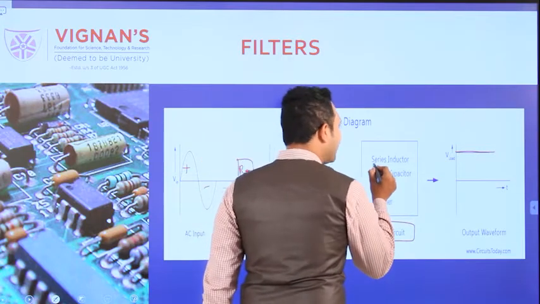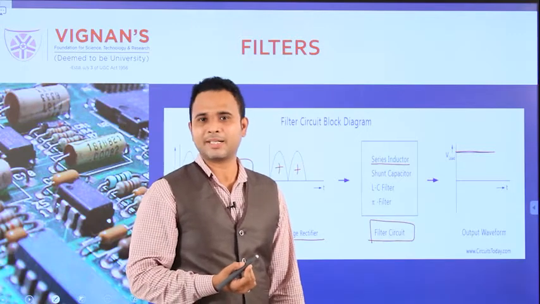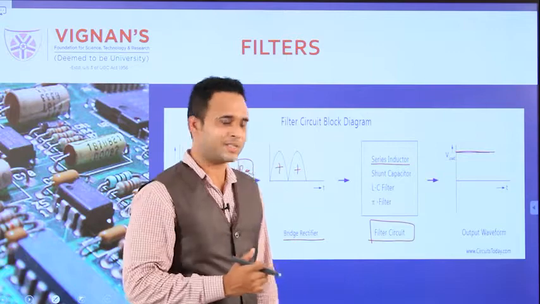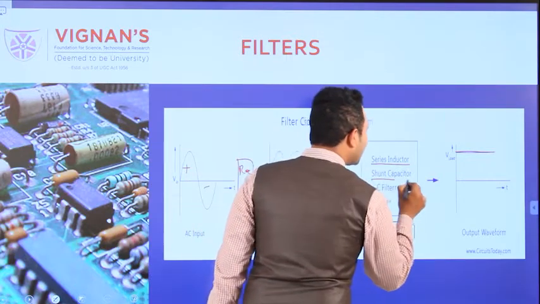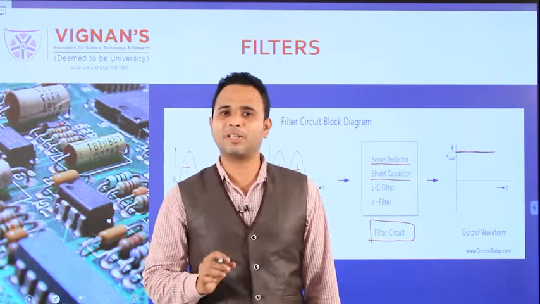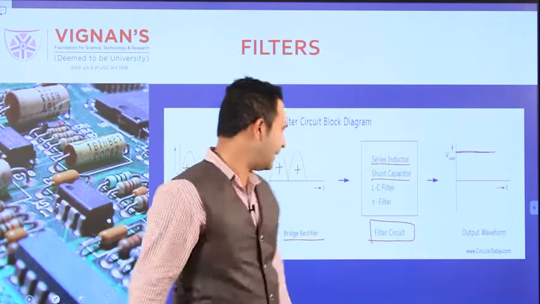The first filter is the series inductor filter. Why series? I will tell in the next session. Next, the shunt capacitor filter. Shunt means a parallel capacitor filter. Why parallel? This one also I will tell in a later session.